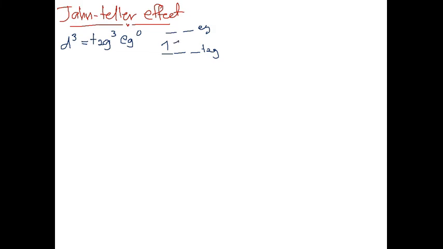So this is how you fill up your electrons. And as I mentioned before, the Jahn-Teller effect is only for the octahedral structure. Tak ada structure lain for the octahedral structure.